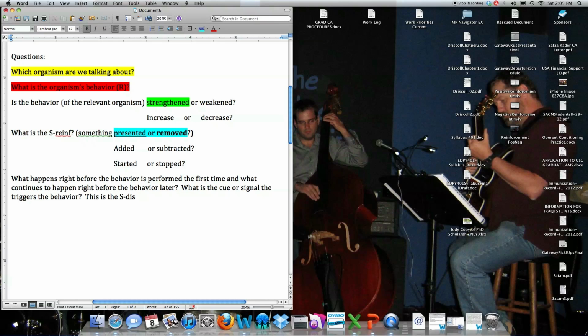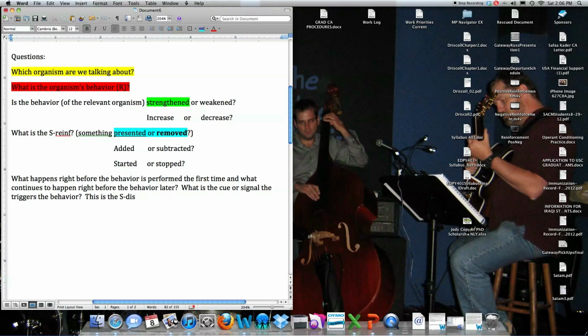We have to know that organism's particular behavior. We need to know if that behavior is strengthened. And we need to know what the reinforcement is and whether the reinforcement is something that's being presented or the removal of something. If something is presented, added, or subtracted, we're talking about positive reinforcement. If the reinforcement is something being removed, subtracted, or stopped, then that is negative reinforcement.